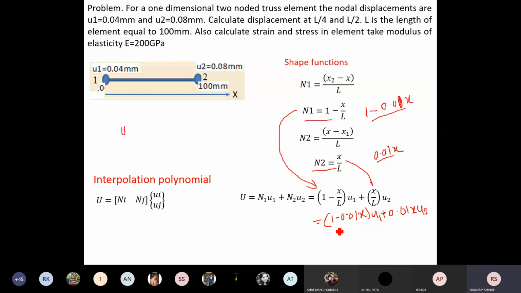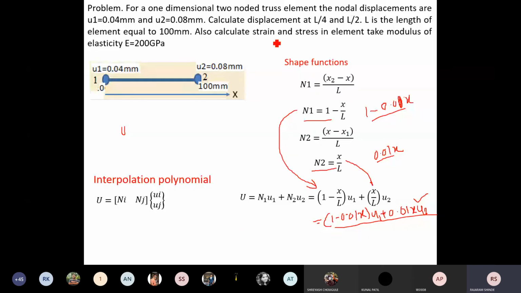Have you got it? As per the method of the last problem you will get this equation. This is your interpolation polynomial.